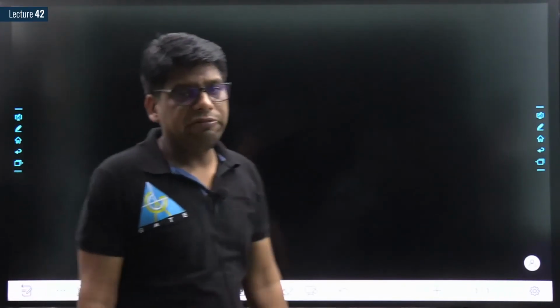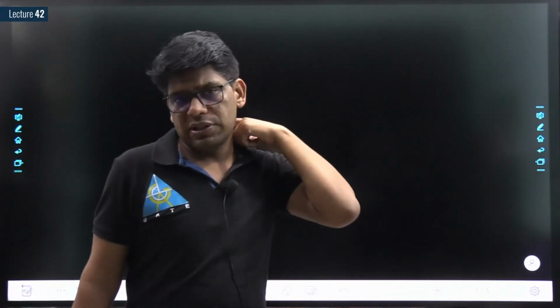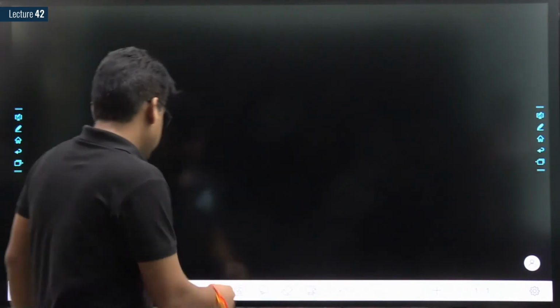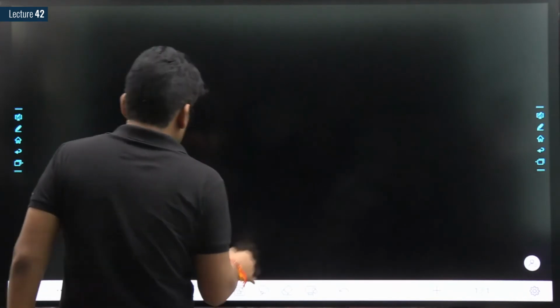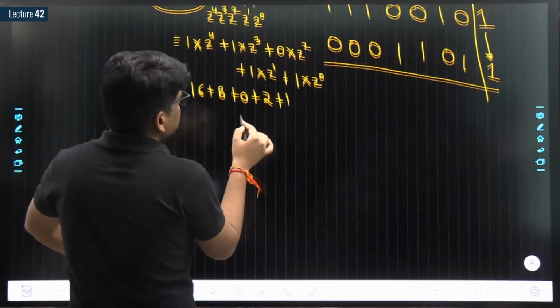Before I move ahead, let us try to find the value of a number in 2's complement form directly.